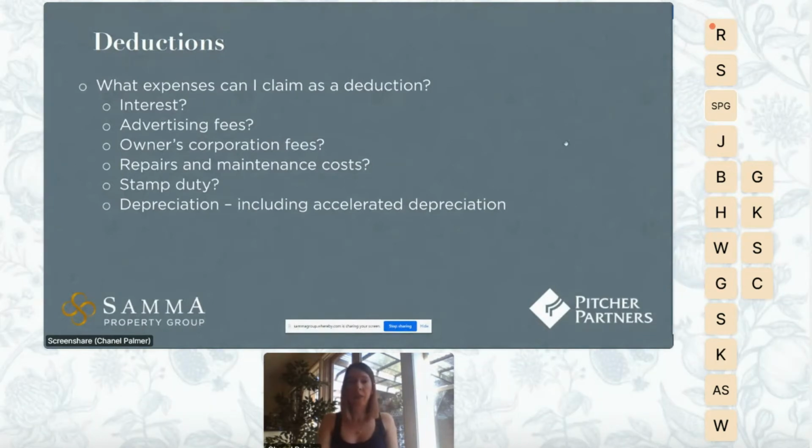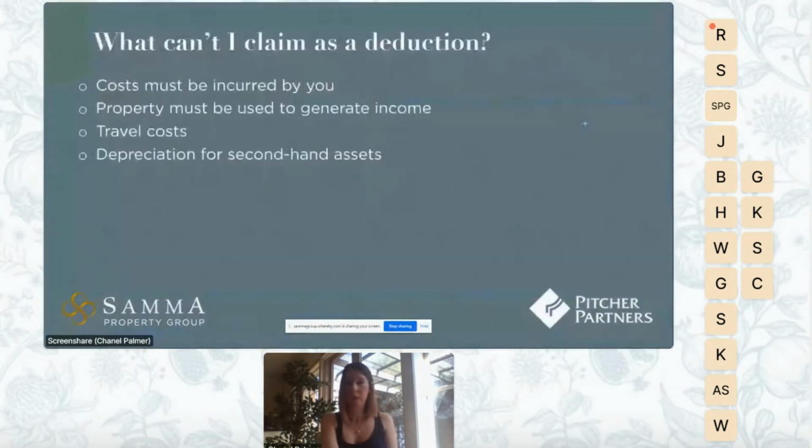Okay, lovely. And what type of costs can't be deducted? So there's a few things that you should be aware of as an investor that you can't claim against your rental income. The most obvious one is that you can't claim for costs that you didn't pay for. So we mentioned the example of water rates. If the tenant's paying the usage fees and you're paying the service charges, you can only claim a deduction for the service charges that you're paying.